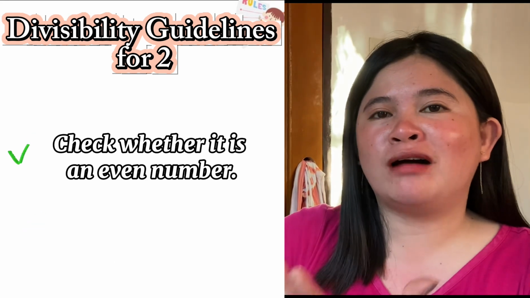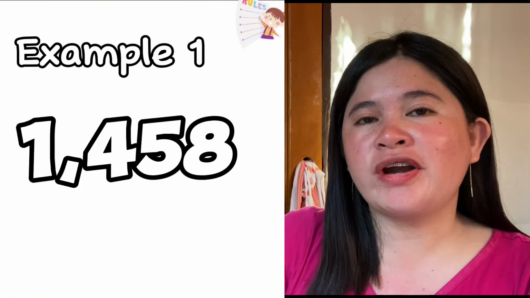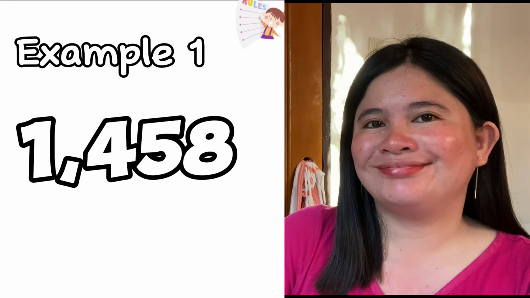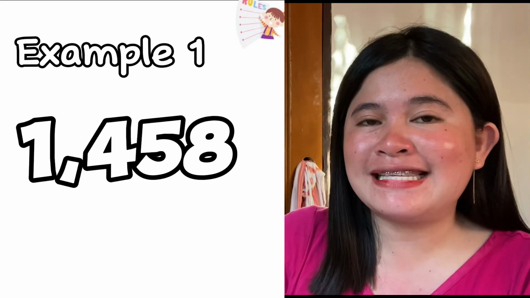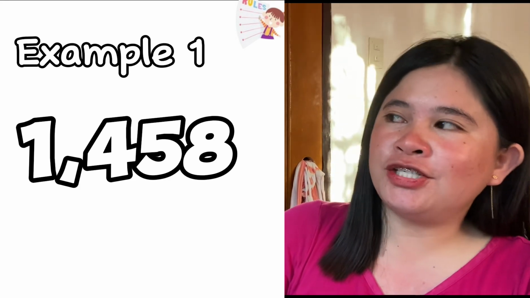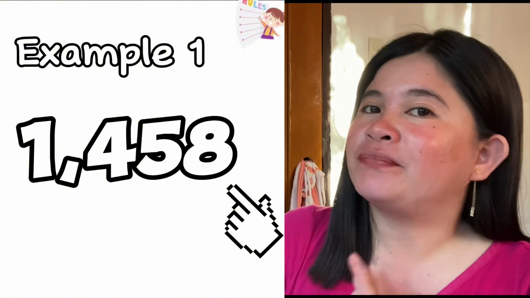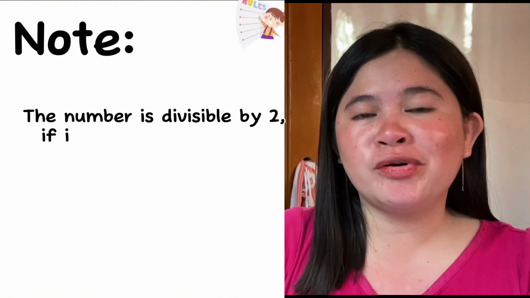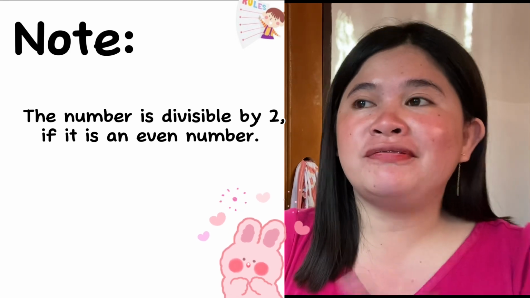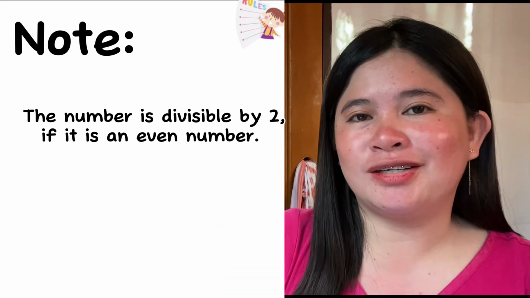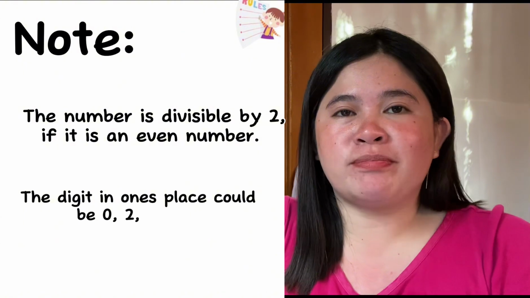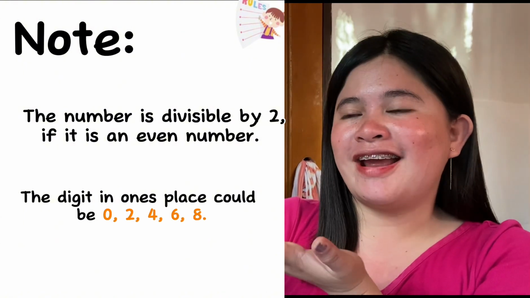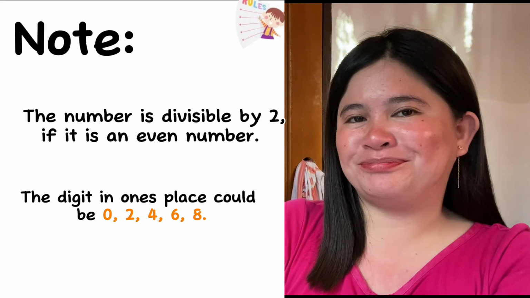Now let's have an example. 1,458 is divisible by 2 because the number is even, or the digit in one's place is 8. Right? Take note that the number is divisible by 2 if it is an even number, or the digit in one's place could be 0, 2, 4, 6, and 8.